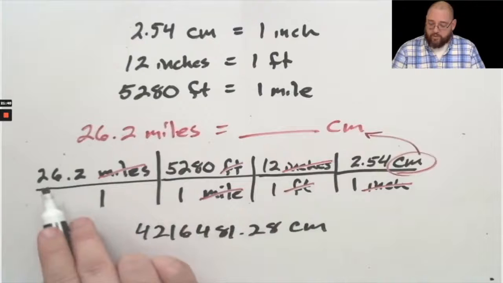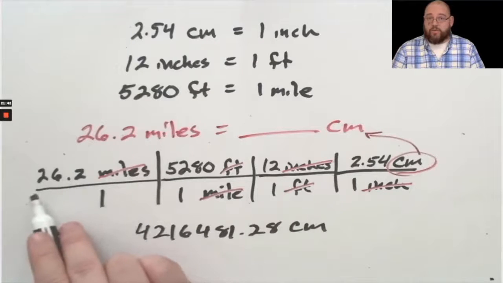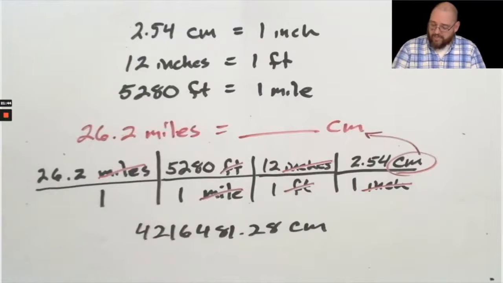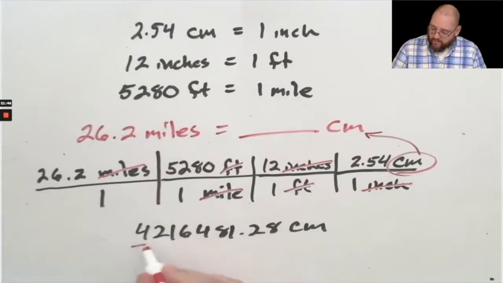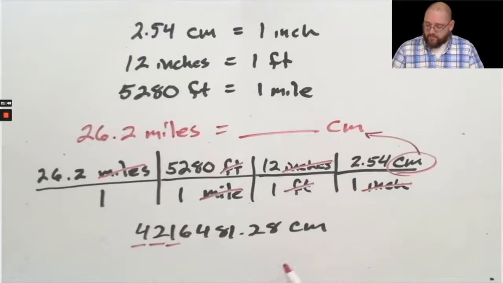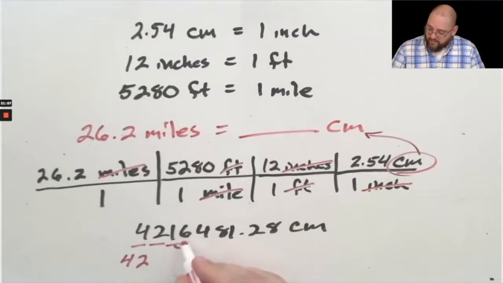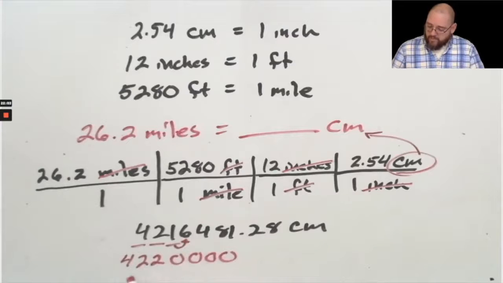So 26.2 is 3 significant figures, so my answer can only have 3 significant figures. So there's 2 ways to do this. We can either write this as 4, 2, and that 6 is going to make this round up to a 2, and then those become zeros, so I can have 4,220,000 centimeters. That's one way to write it, with 3 significant figures.